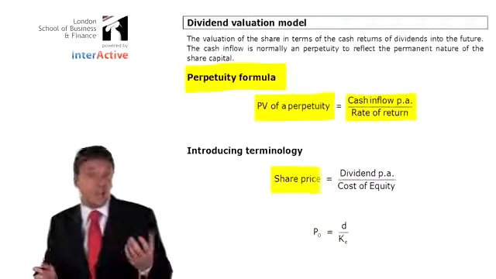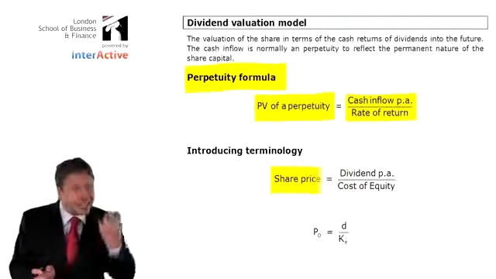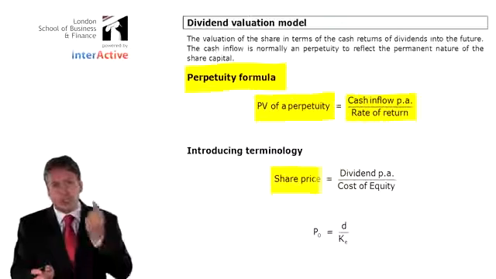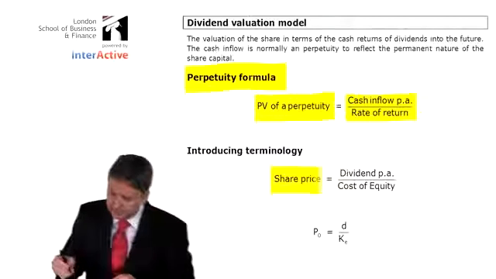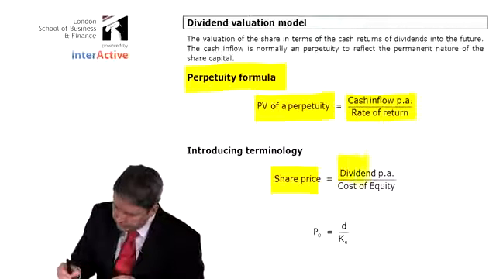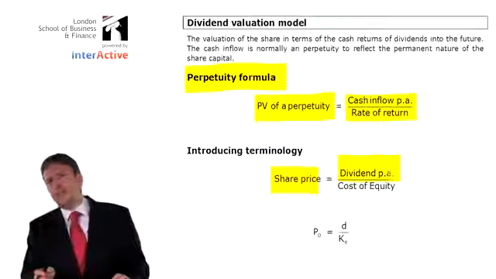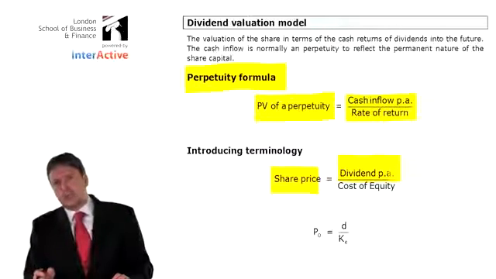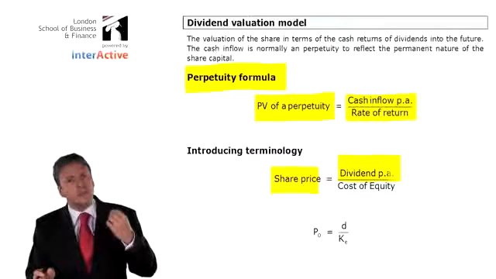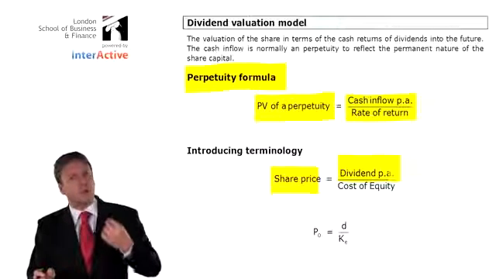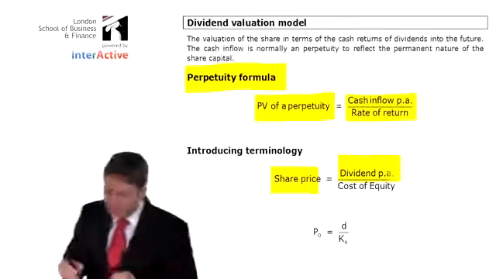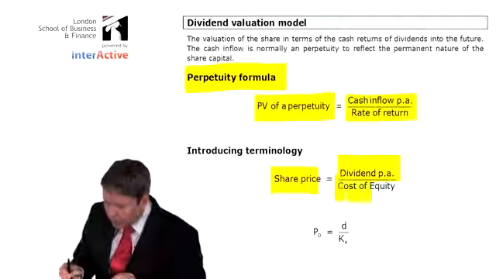Well, if we're looking at the share here, the only cash you get associated with holding a share is the dividend. And the rate of return. Well, the rate of return is the rate of return required by the shareholder. And we've already said that this is called the cost of equity.